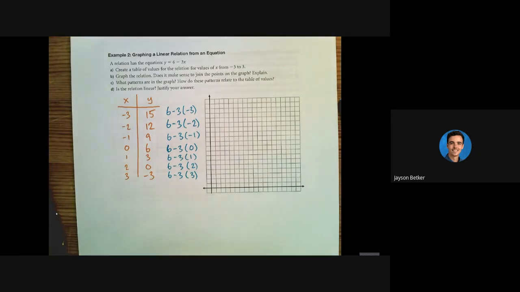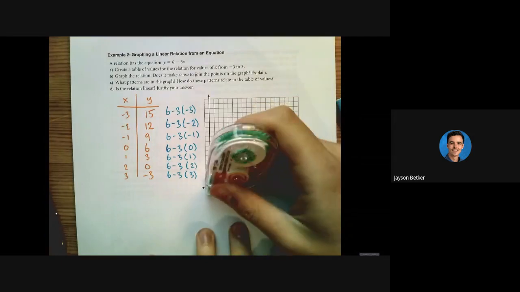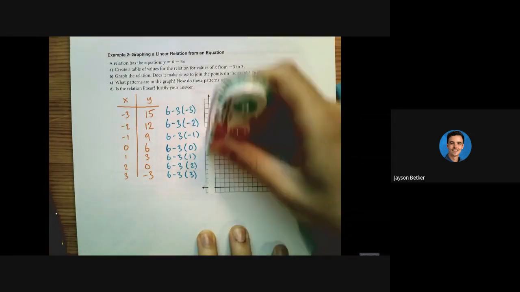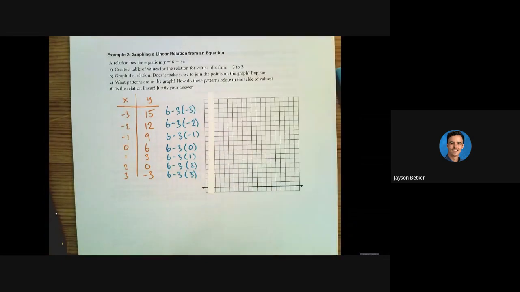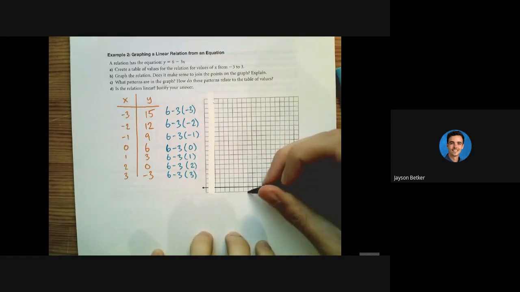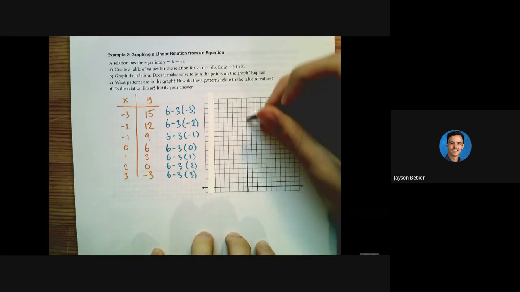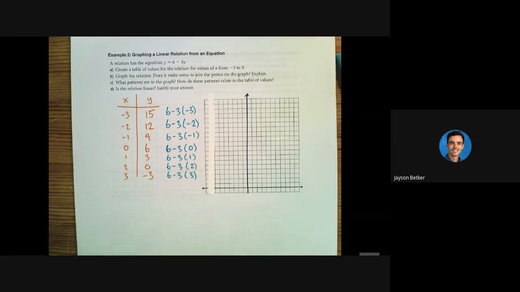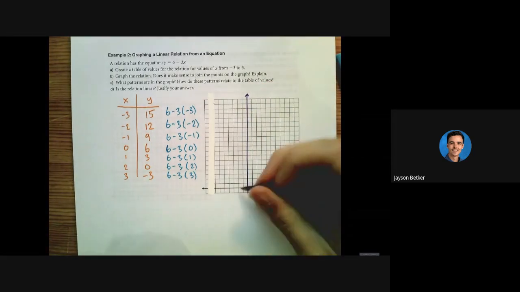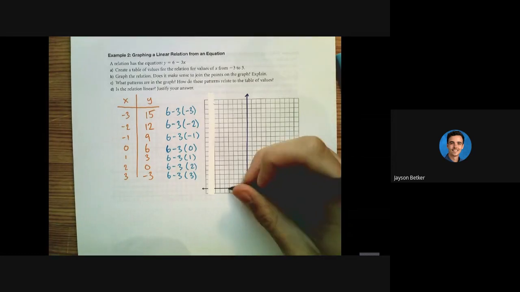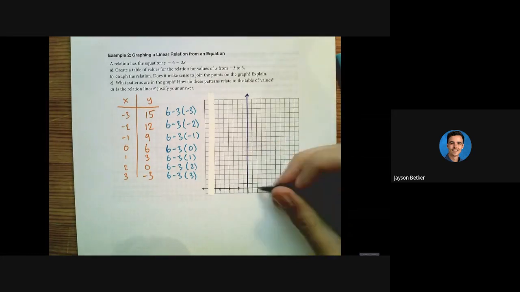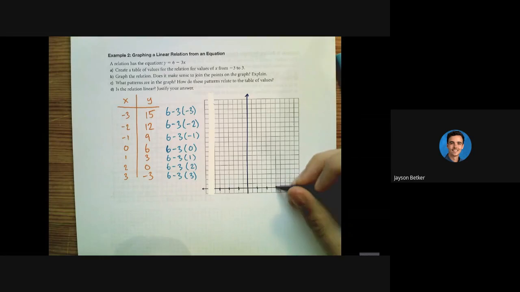Now I need to do a slight alteration to our graph here because it is going to be in the negative x, right? We're starting from x equals -3. So I actually need my y-axis to be in the middle because I need to go 1, 2, 3 to the left, and 1, 2, 3 to the right.